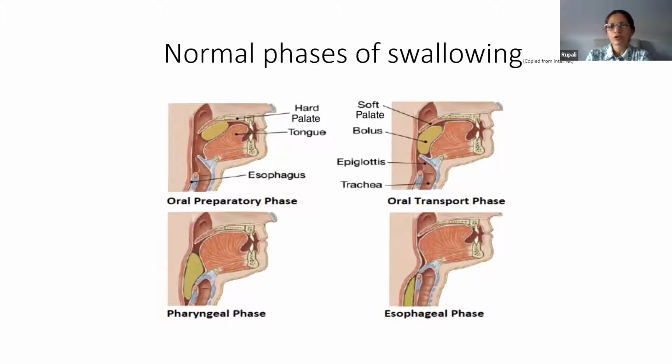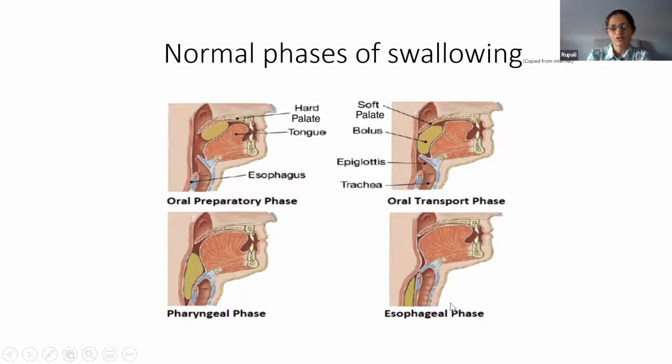So how does normal swallowing happen? These are the phases of normal swallowing. The oral preparatory phase happens in the mouth. When the bolus is pushed to the oropharyngeal region, the soft palate closes the nasopharynx. As the bolus is pushed further, the epiglottis closes the larynx, and the bolus passes to the esophagus.